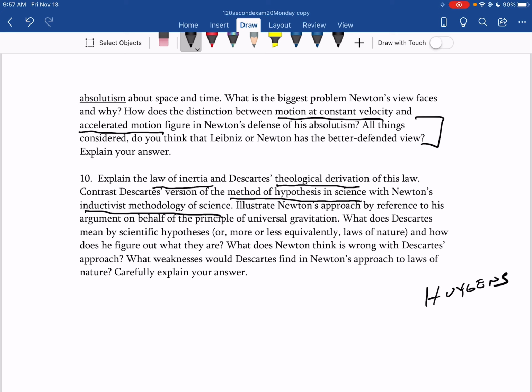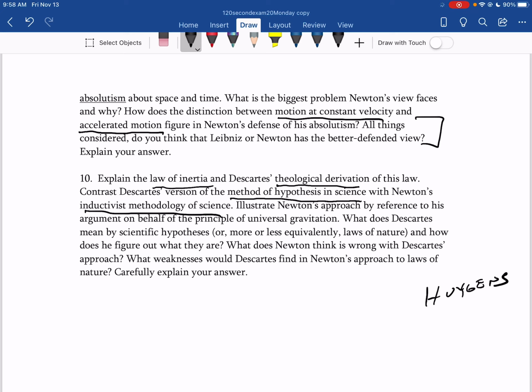It is as if that same force accounts for the moon's orbit around the Earth and the tides. It is as if that same force accounts for Kepler's laws of planetary motion. Since it is as if this force operates everywhere, let's say that force operates everywhere. And so that's an inductive approach.